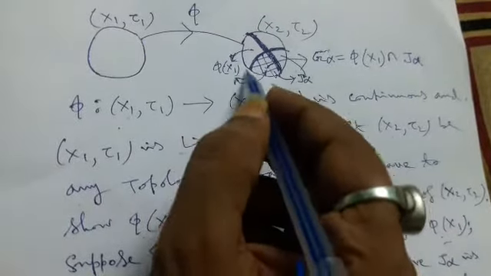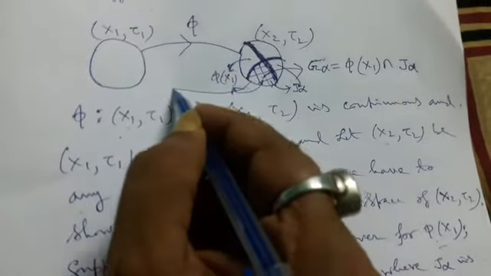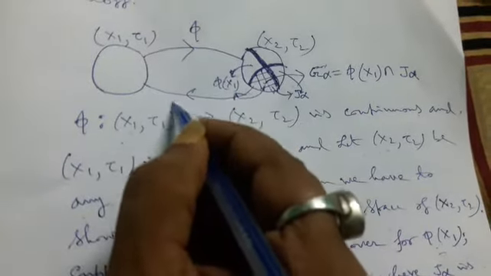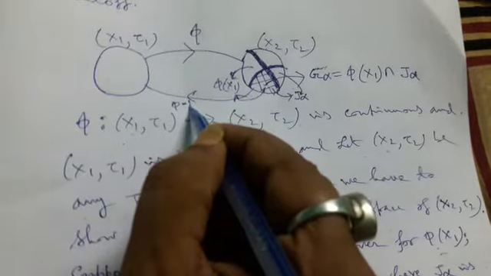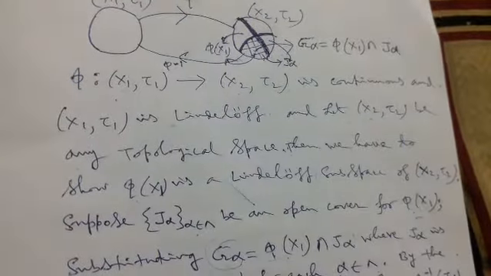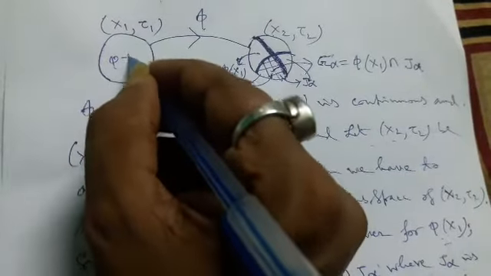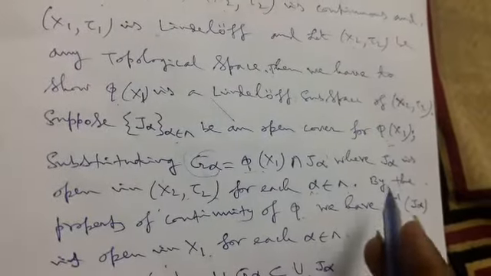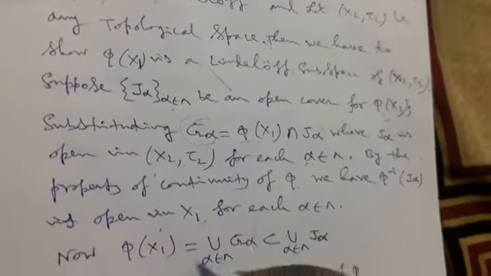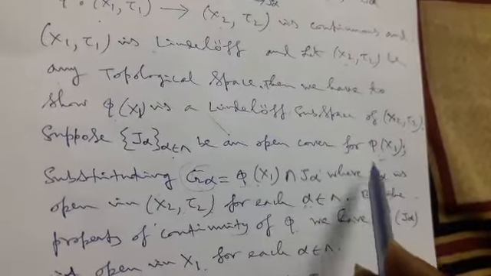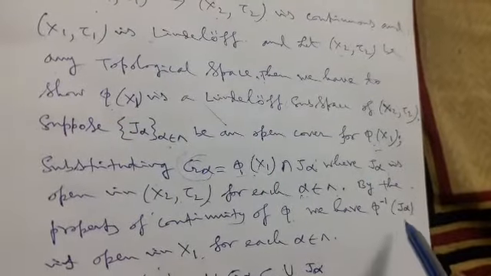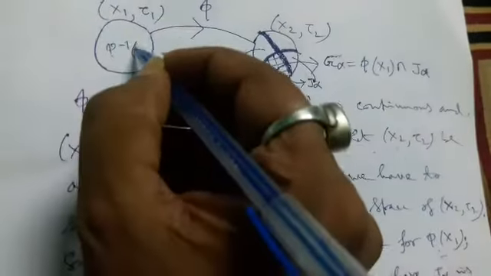It's clear. If we take phi, then correspondingly we get back here, and if we take phi inverse, it is easily seen, and we get back this type of result: phi inverse of g alpha.